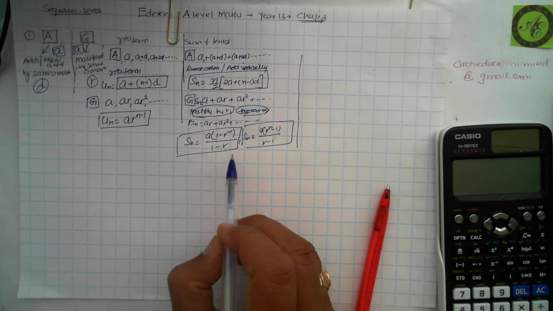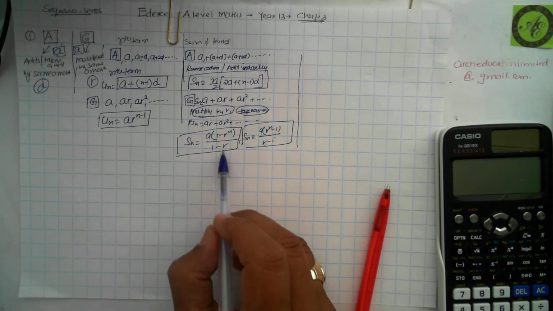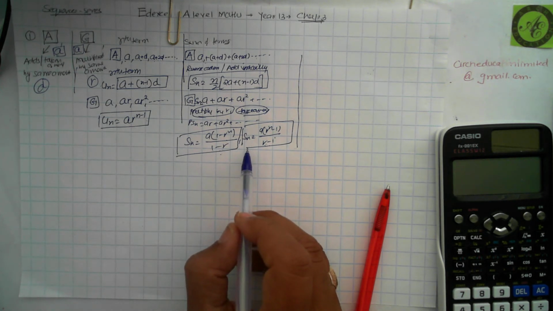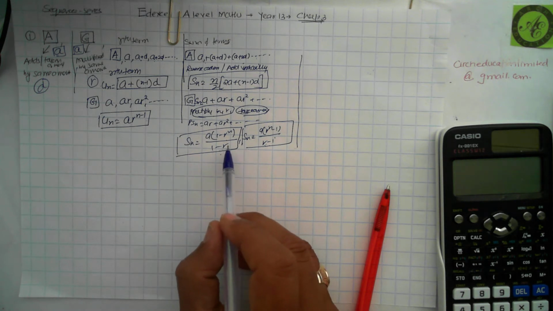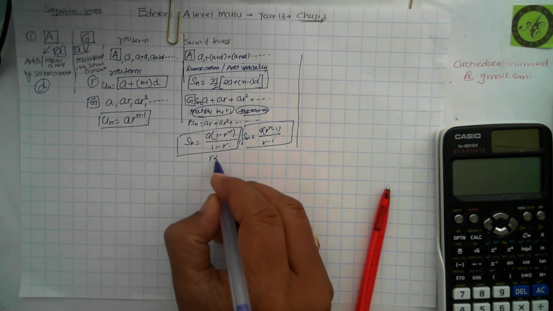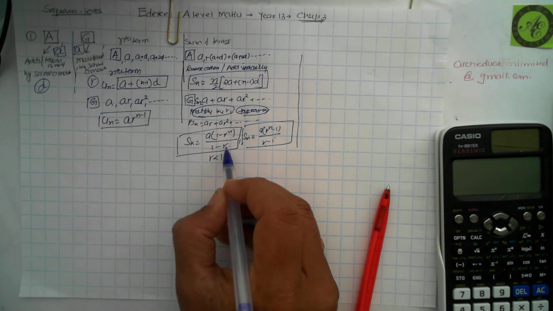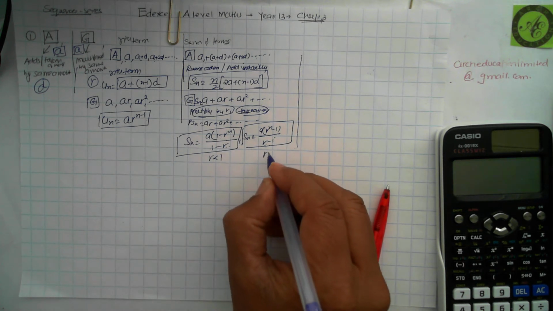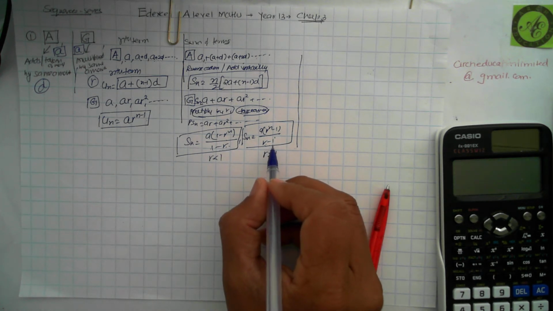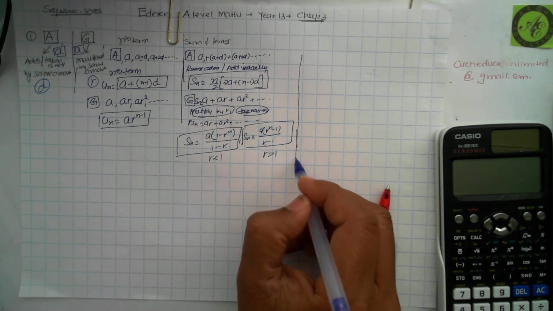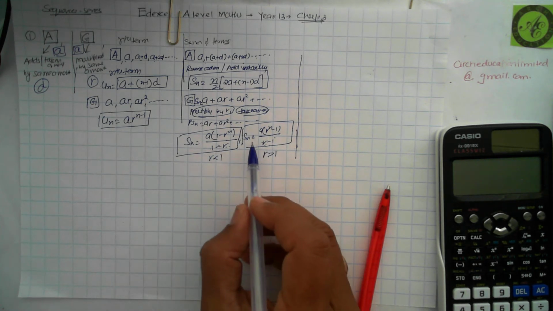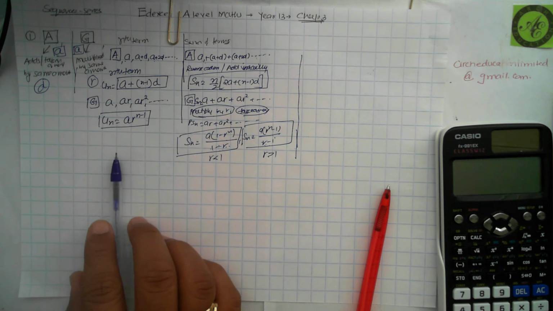You just say to yourself, the denominator cannot be negative. If your r is less than 1, then 1 minus r is positive, so this is the formula. If your r is greater than 1, then r minus 1 is positive, so this is the formula. That's how you memorize which formula to use.